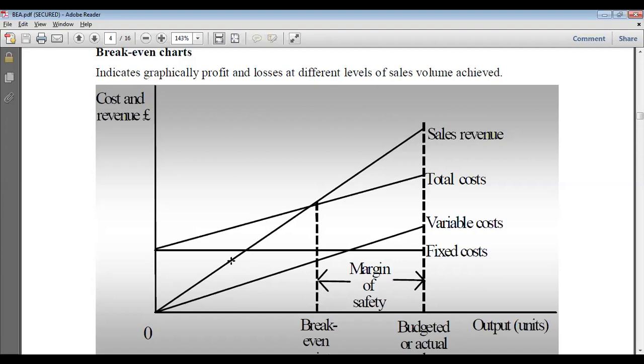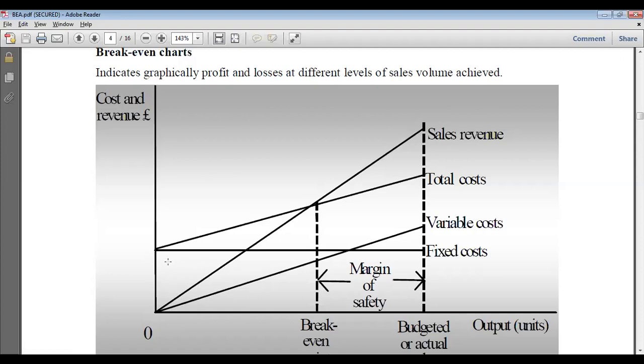This line will depict the number of products sold per week, per day, per month or per year. For example, we are taking per day. So we are talking about the number of pieces sold per day. Initially it was zero pieces in the morning. Then we started selling, and at the same time we started generating money.